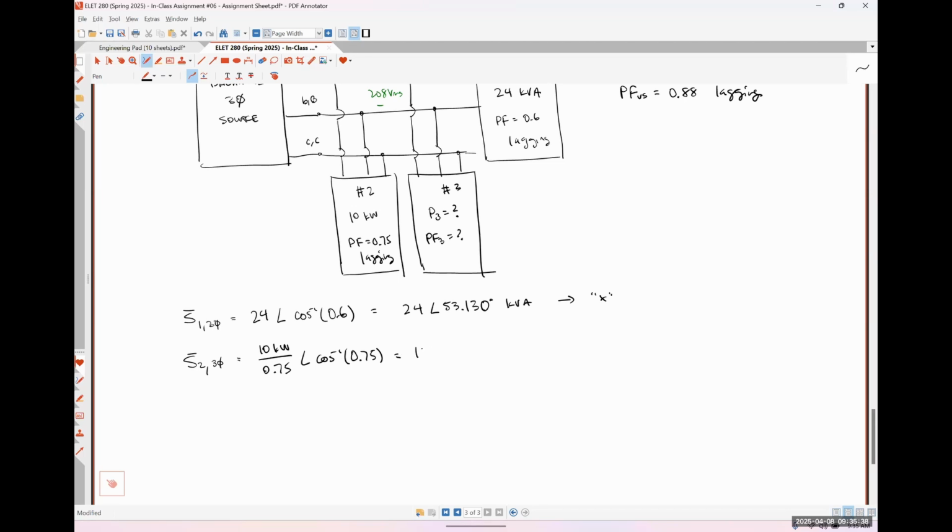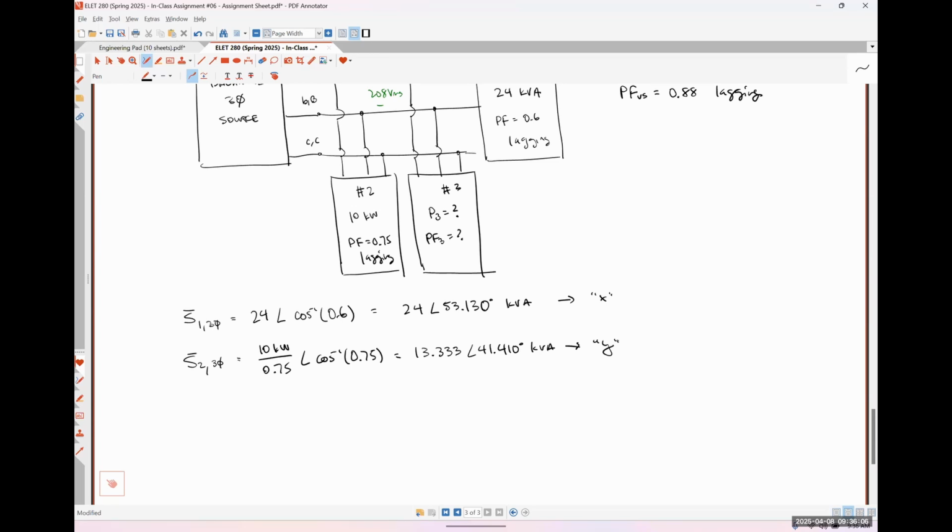So I wound up getting 13.333 with an angle of 41.4096. So let's call that 41.410 degrees kVA, and I'm going to store that as Y. All right, so we can't do anything for load three just yet.